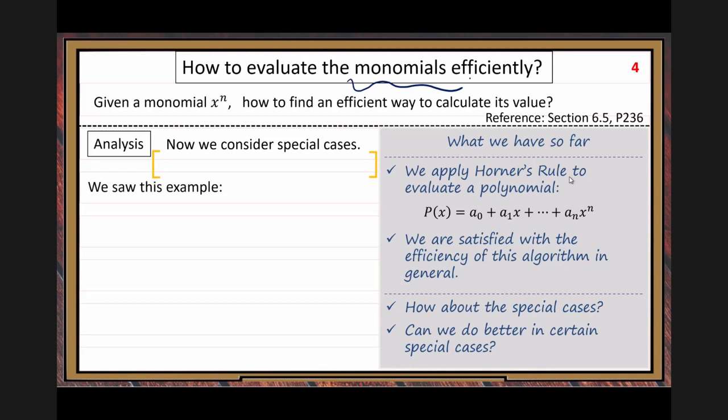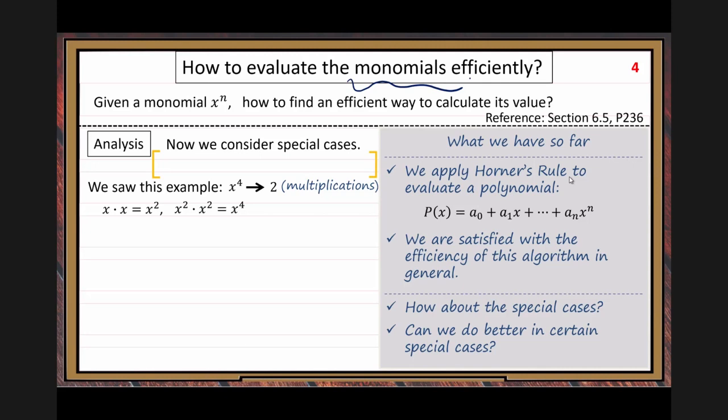We saw this example. Here, our old example, x to the fourth, we use two multiplications. So you know how to do it. Repeated squaring. First one, x times x, the first multiplication. Second one, x squared times x squared. So we skip x cubed. We do not need to find x cubed.